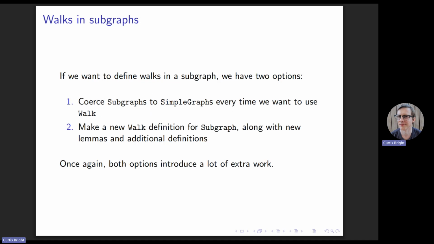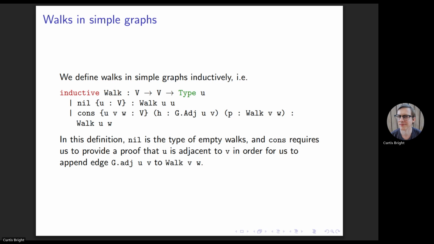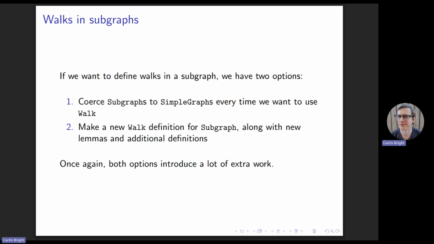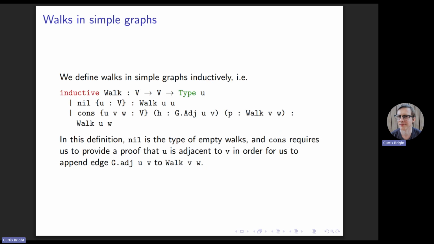If we want to define walks in a subgraph, we have two options. We can coerce subgraphs to simple graphs every time we want to use walk, because this g.adj is saying that we're using the adjacency relation of some simple graph. So this walk definition implicitly uses the simple graph as an implicit parameter.